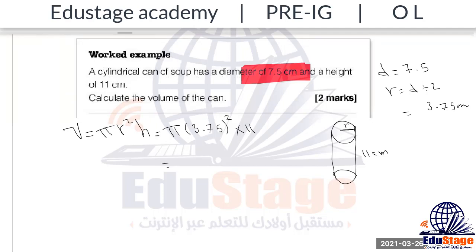It will be something like this. 74.485 times 0.96, and it's approximately 486. Yes, 486 cubic centimeters to 3 significant figures. Thank you, Salma, and thank you, Muhammad Aslan.